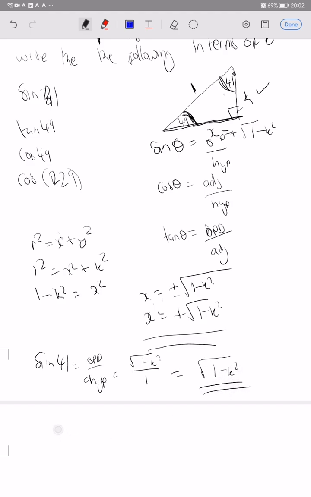All right, then they want tan 49. Tan 49 is equal to opposite over adjacent. I come to 49. My opposite is k, and my adjacent is the square root of 1 minus k squared. So I'll just say k over the square root of 1 minus k squared.